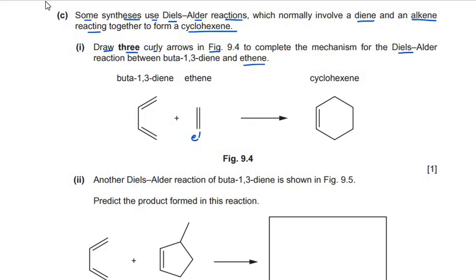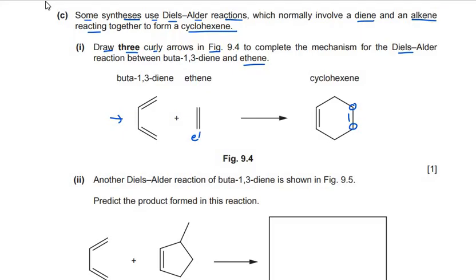Here is ethene, and buta-1,3-diene is shown here, and we can see the structure of the cyclohexene where the double bond of the alkene, ethene, being added here is broken, and the 2 double bonds which were present in the buta-1,3-diene change to a single double bond here. That shows the shifting of the pi bonding.